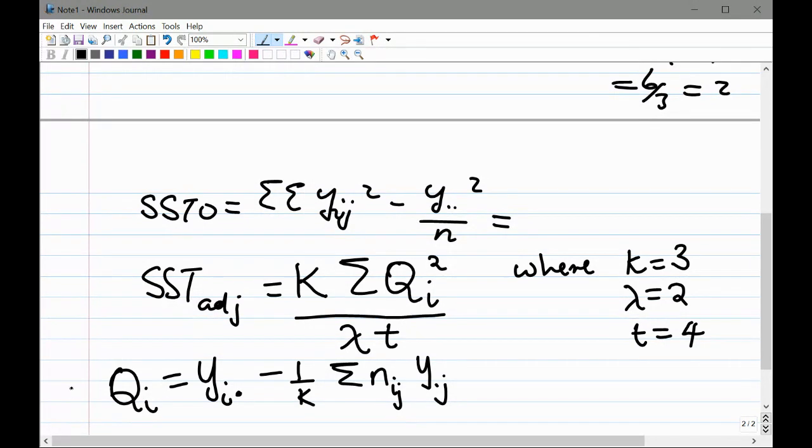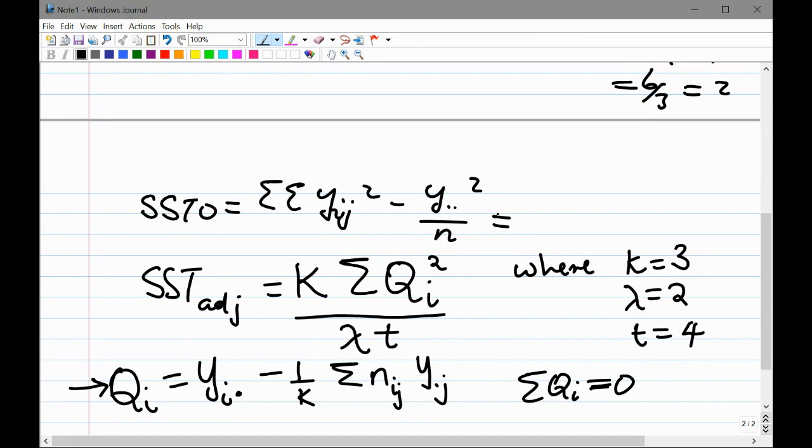So this is the formula to find the Qis. Not forgetting that the sum of Qi is equal to 0. When you sum your Qis, you have to get 0.